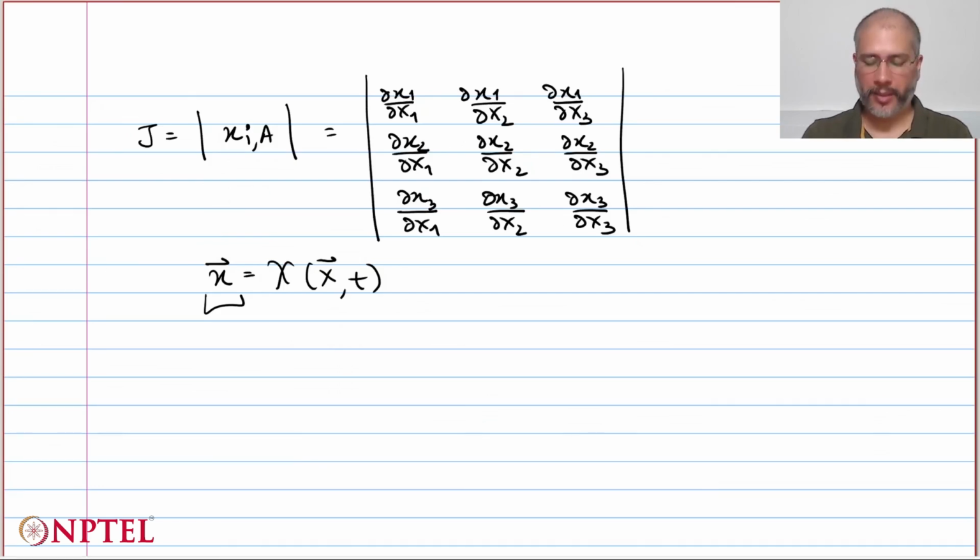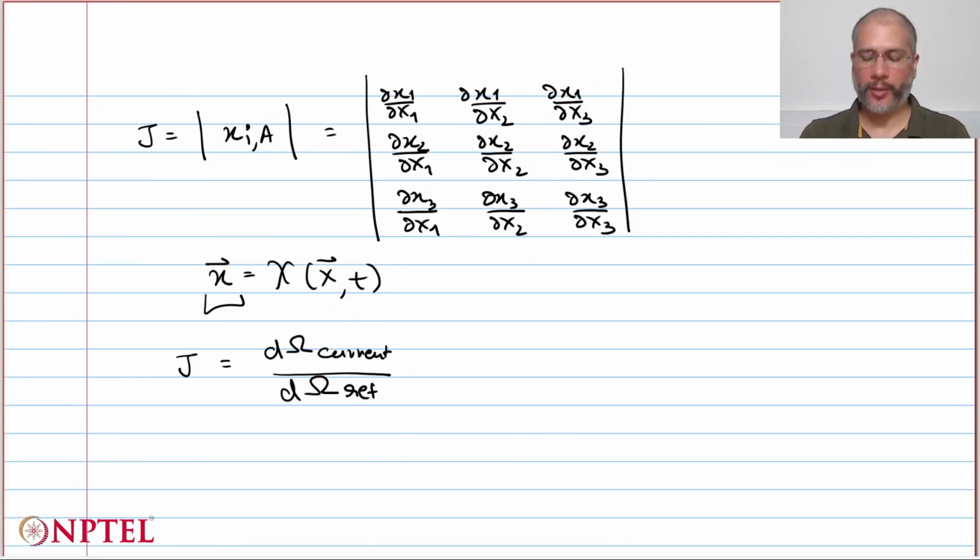We will also see later that the Jacobian determinant is actually the ratio of the volume in the current configuration, I use a d omega because we talk about infinitesimal volumes in general, to the volume in the reference configuration.